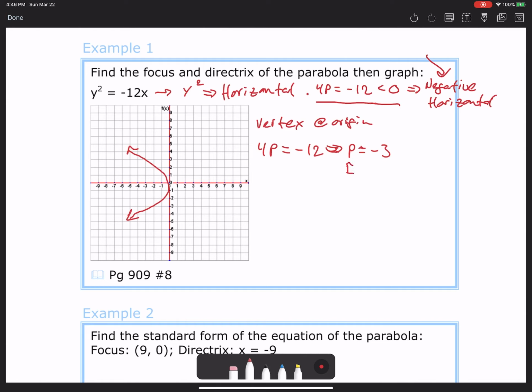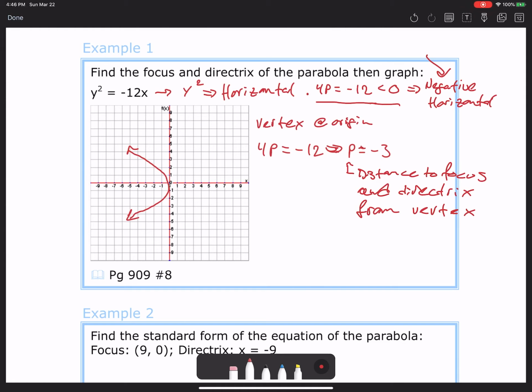P, remember, is the distance to focus and directrix from the vertex.